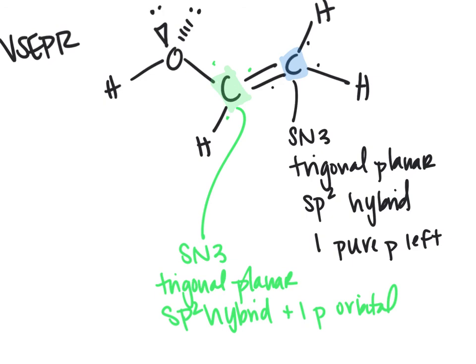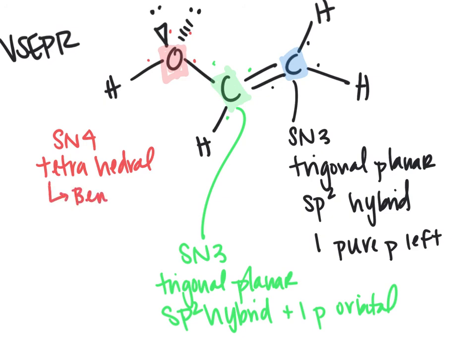So what about the oxygen that's left? We can see that it's connected to 1, 2, 3, 4 things. So we have a steric number of 4, which makes it tetrahedral as the base. And when we go back, it is going to be bent, and we know that the angle is much less than 109, about 105. In this case, it's going to be an sp3 hybrid, and all of them are going to have been mixed together.